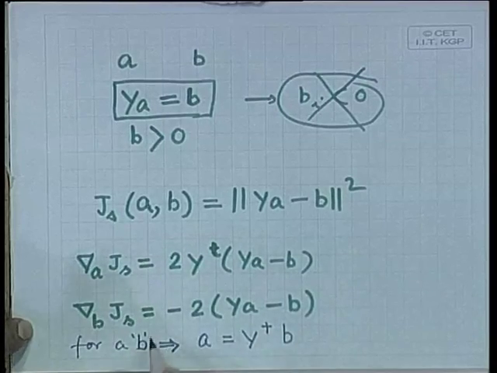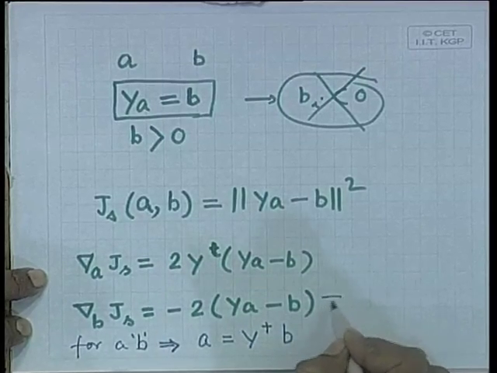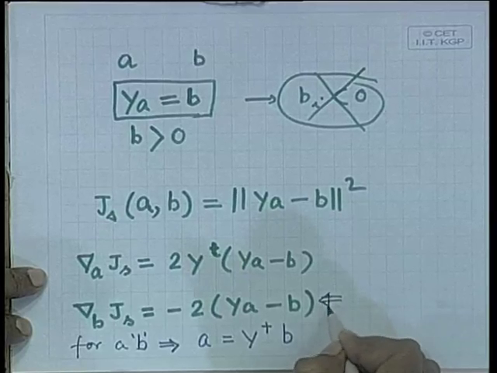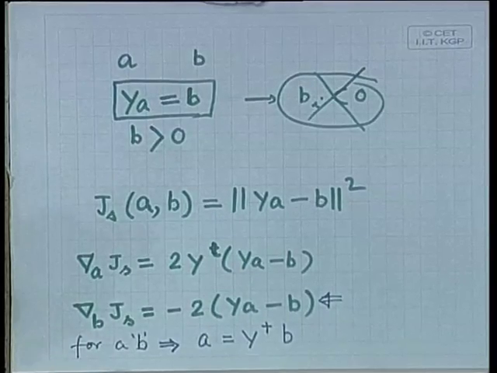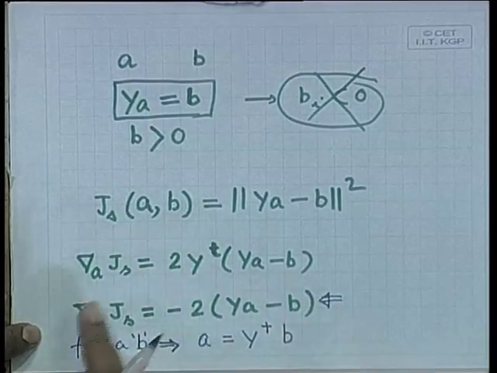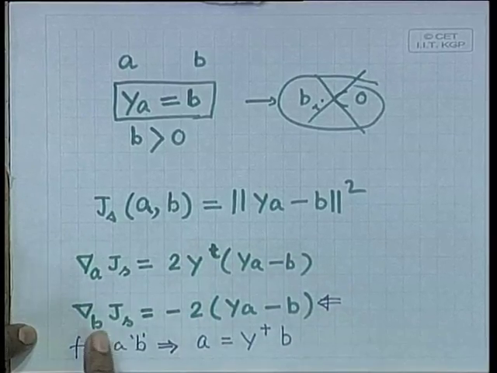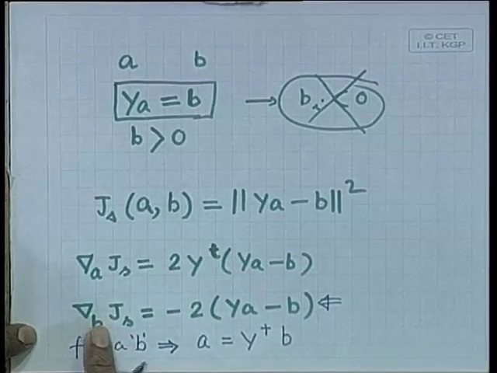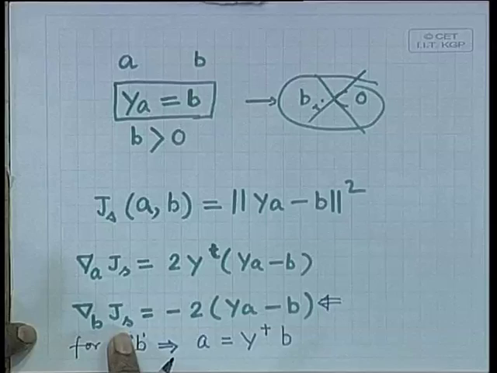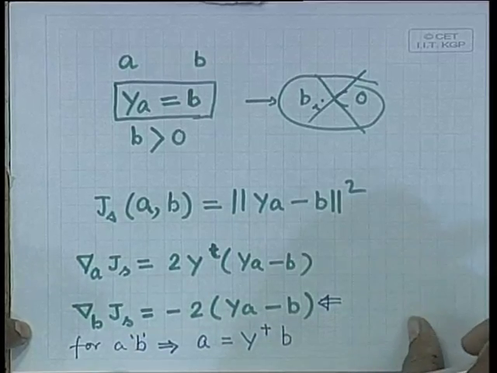Here our main aim is to find a proper value of b by following the gradient descent procedure with the help of the gradient of J_s with respect to b. While doing so, we have to ensure that none of the components of b can fall below 0.